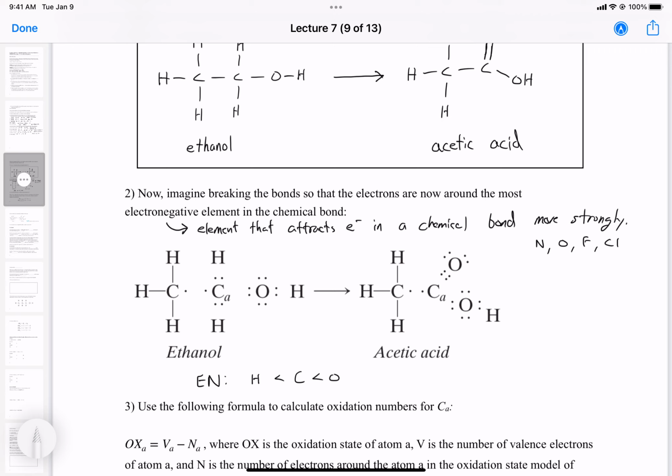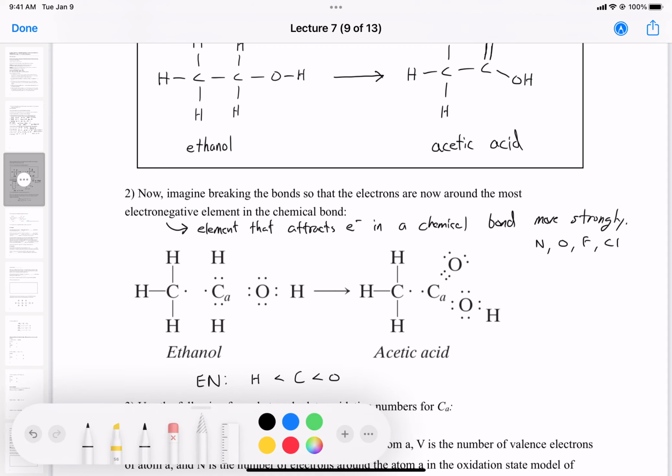So now oxygen has all the electrons from the bonds it formed with both carbon and hydrogen. Okay? If we look at acetic acid, we give all the double bond electrons to the oxygen atom, and again they're shared between carbons, and here the oxygen atom takes them again.